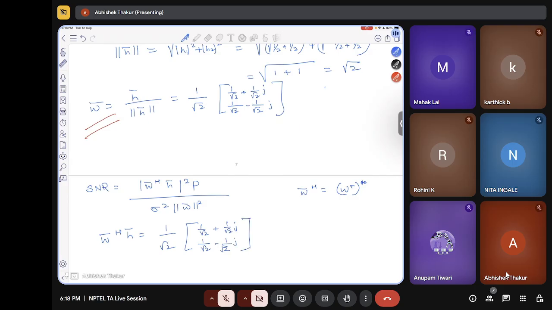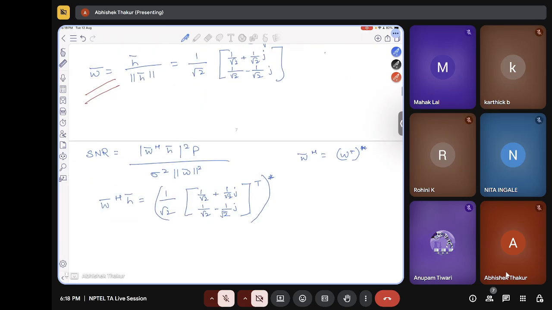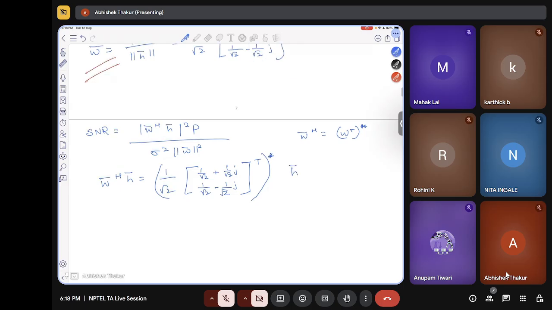So this is our W bar. For its Hermitian we have to take the transpose of it and then the conjugate of it, and then we have to multiply with H bar. So let's do that. Transpose and conjugate we will take together.